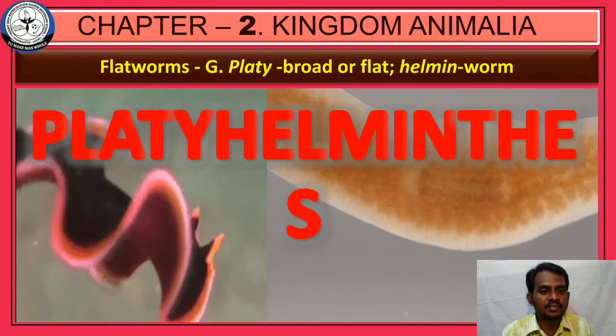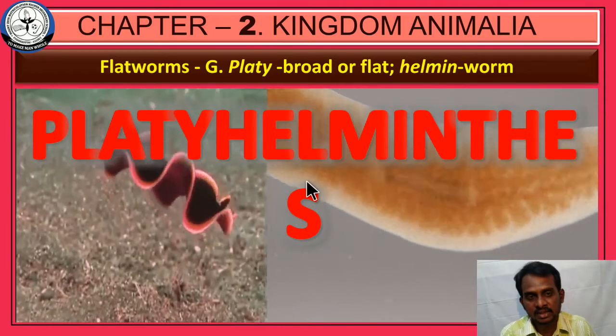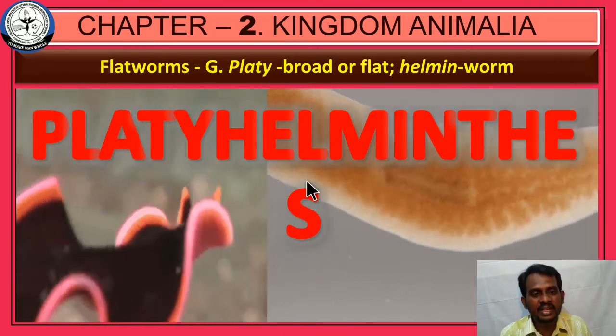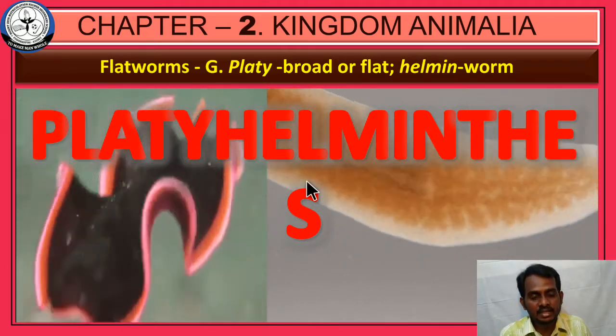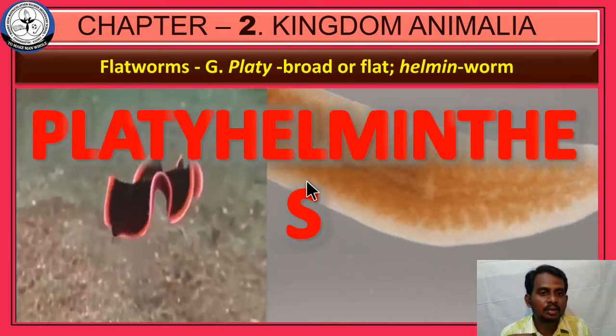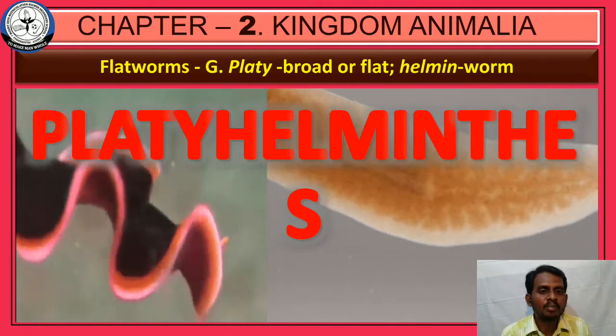What is moderate cephalization? See this picture. Cephalization appears in this animal. Cephalization means formation of the head. And unidirectional movement means it always moves towards the anterior part, forward movement only, no backward movement.